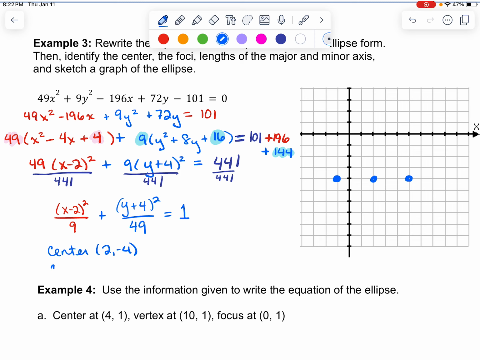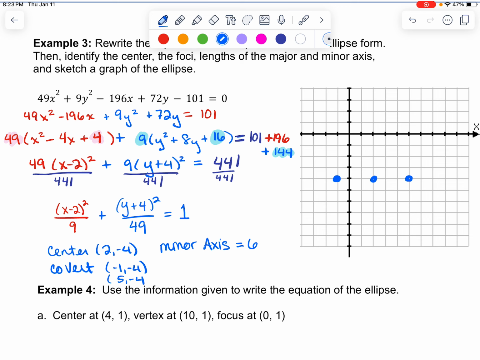So these are our co-vertices. Remember, the vertices are on the major axis. The minor axis is the shorter one. So the co-vertices are located at the points -1, -4, and 5, -4. And while I'm here, I'm going to write down the minor axis, which has a length of 6.